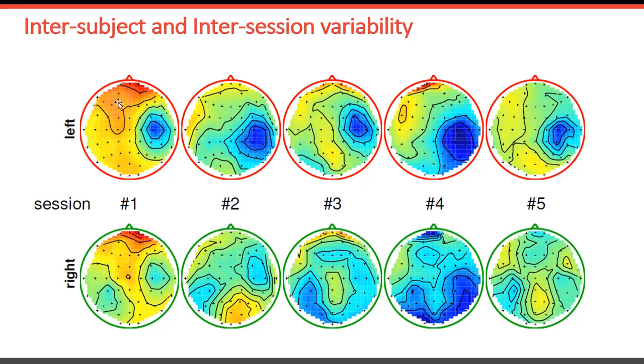Between sessions we see different patterns. For instance, session 4 is very different from other sessions in the color and topographic distribution. Session 1 is very good, looks very localized, and is different from others. So this is related to intersession variability.